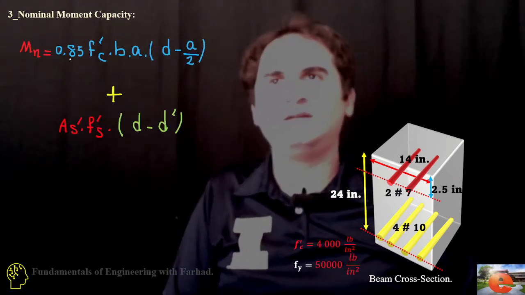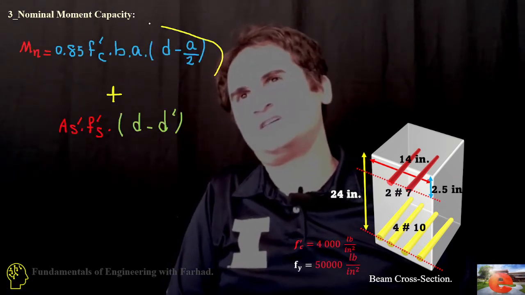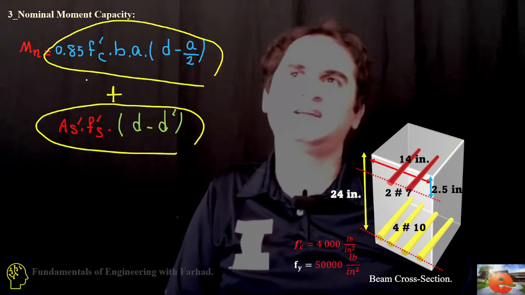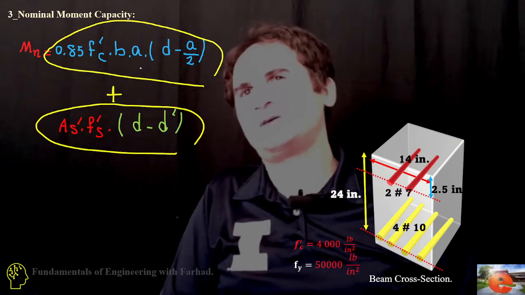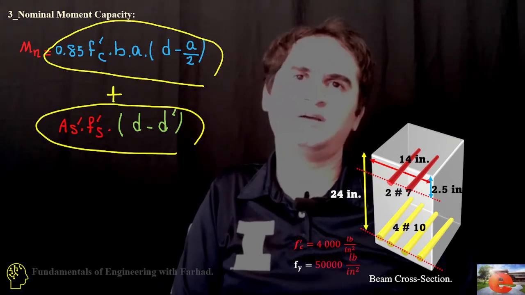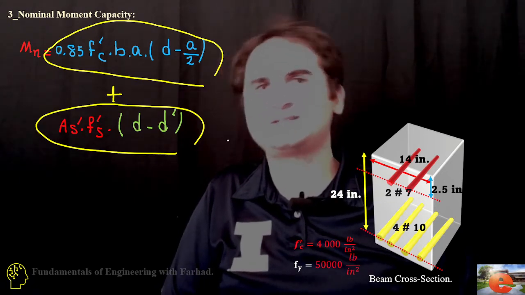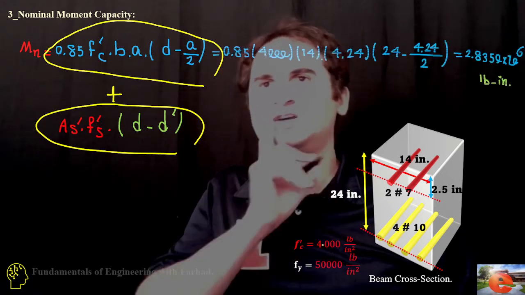Then Mn is a combination of this part plus the compressive steel: 0.85 times f prime c times b times a times d minus a over 2, plus A prime s times f prime s times d minus d prime.